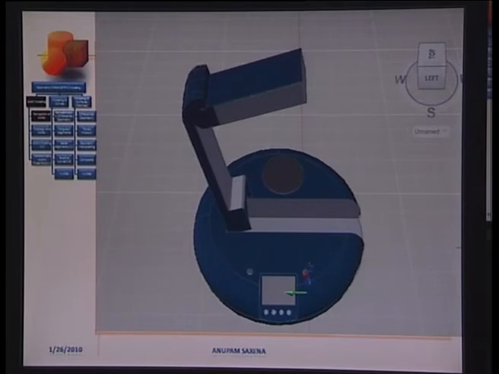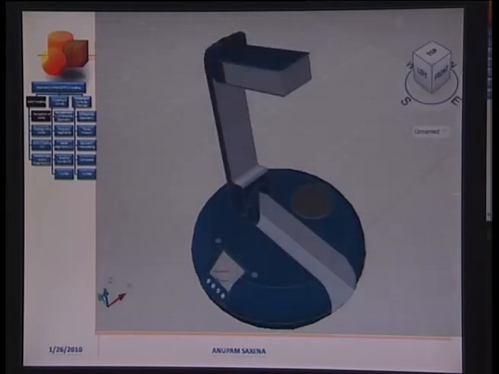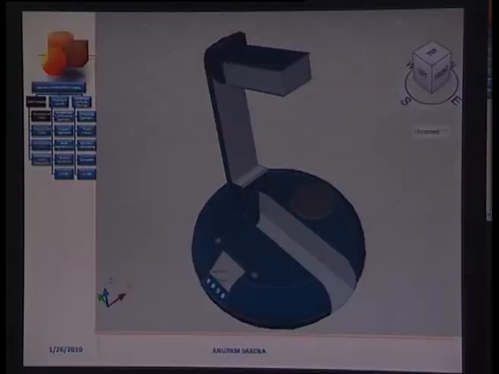Okay, so let's go back, and this seems the best view that can help you describe all the functionalities. So can any one of you come up over here and describe the functions that were there?